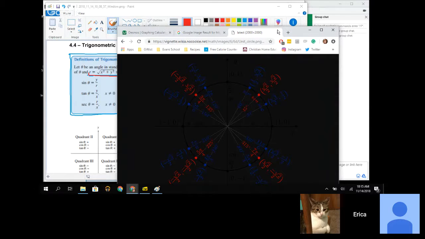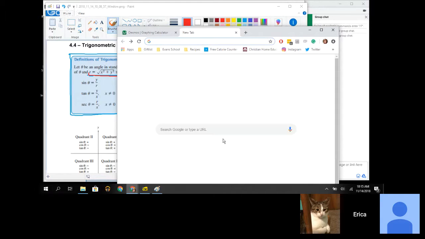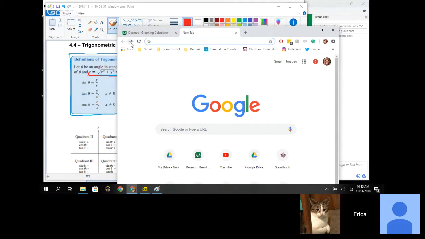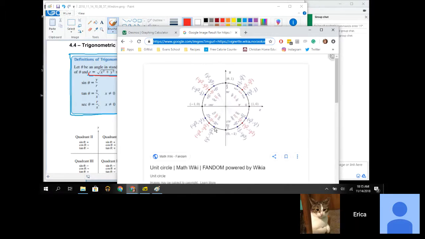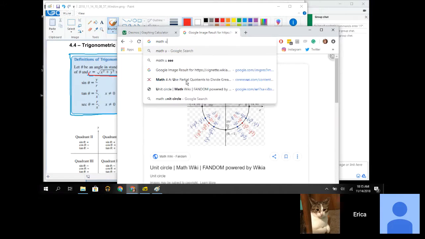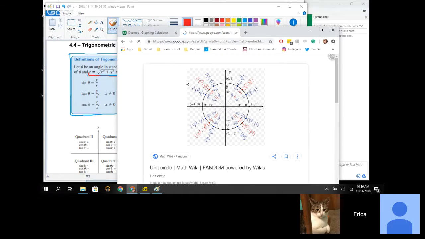All right, so maybe not. Maybe I should find my unit circle that I liked that I printed out before. I can't find it.